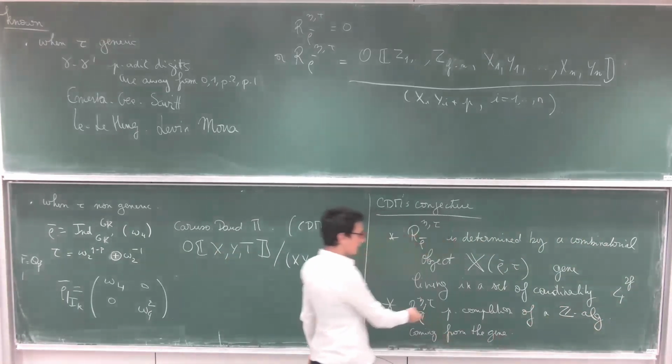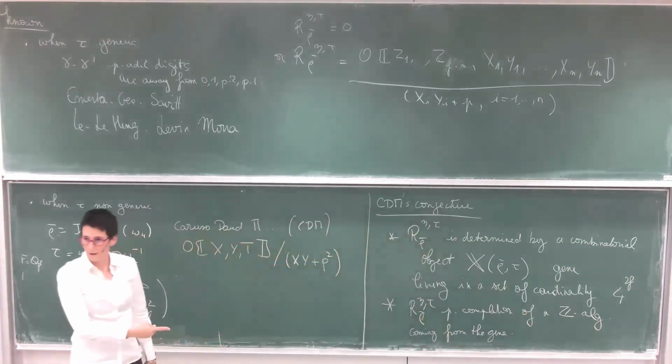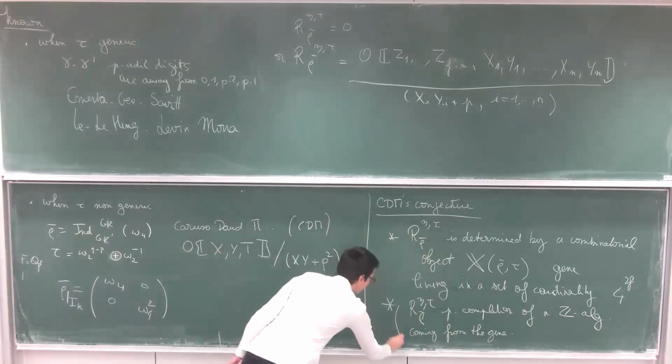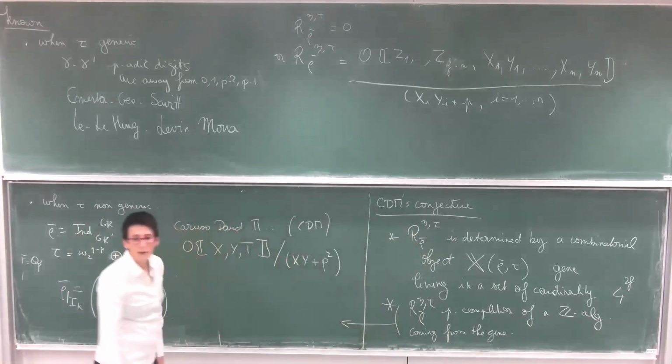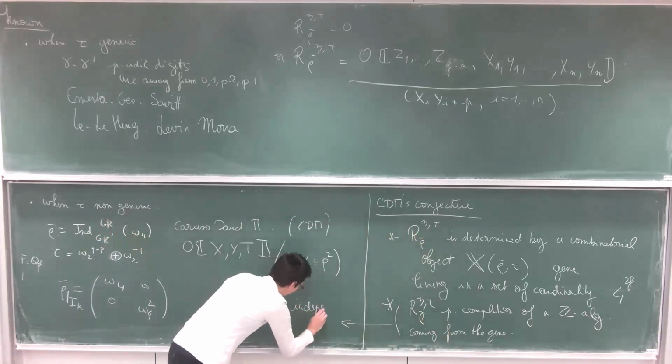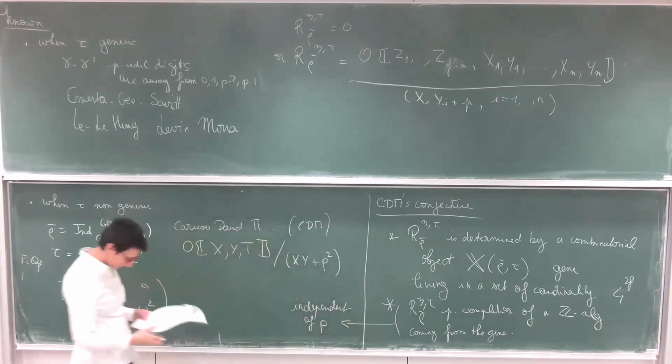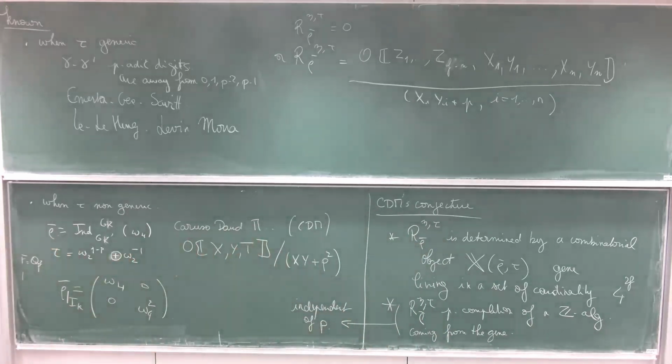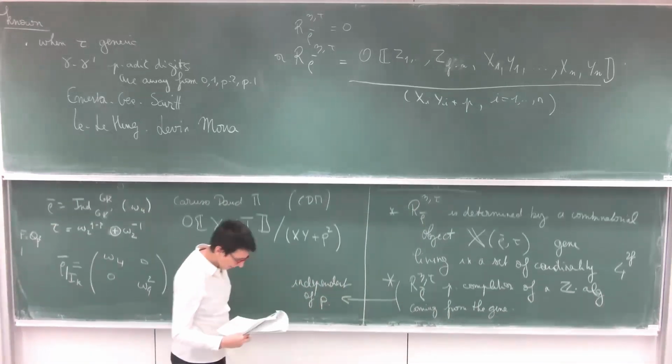What this hypothesis means is that this ring should be independent of p. That's our conjecture.